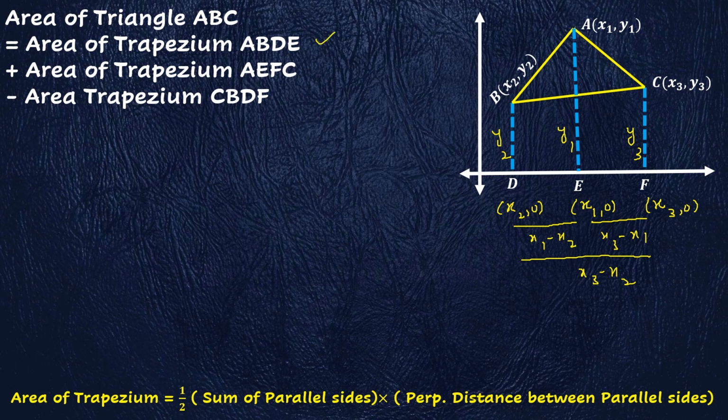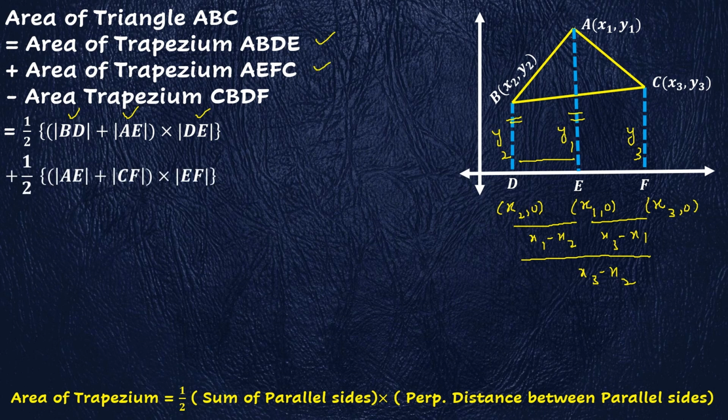Therefore, the area of trapezium ABDE will be equal to 1 by 2 into (BD plus AE), these are the parallel sides, and DE is the perpendicular distance between them. Plus, the area of trapezium AEFC will be equal to 1 by 2 into (AE plus CF), these are parallel sides, and EF is the perpendicular distance between them. Minus the area of trapezium CBDF: BD and CF are the parallel sides, and the perpendicular distance between them is DF.